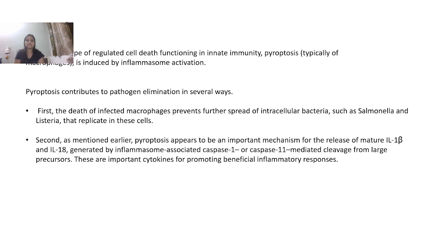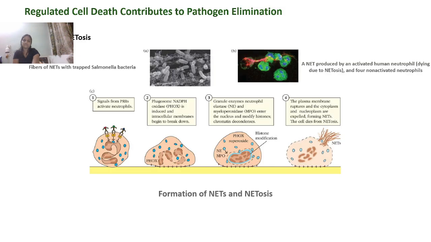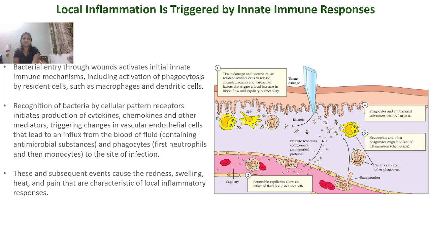They can also induce the death of these pathogen-infected cells by this caspase-mediated process, or they can directly prevent further spread by ingesting and killing the bacteria. So these are the two different types of regulated cell death that can contribute to pathogen elimination.